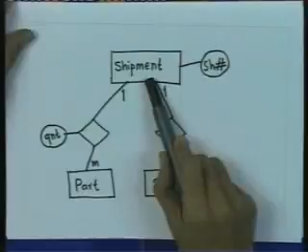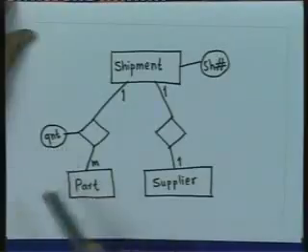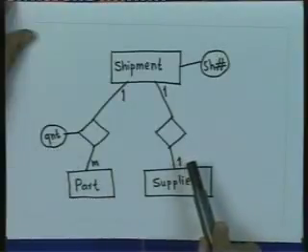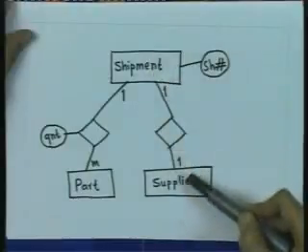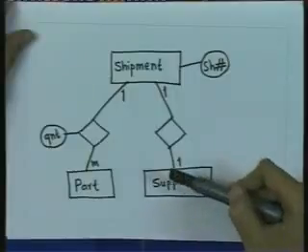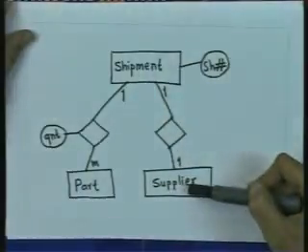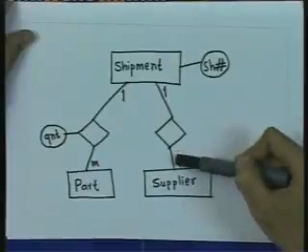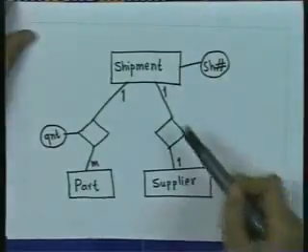Obviously, a shipment can consist of multiple parts, and each part can have a quantity associated. Similarly, a shipment comes from a supplier, but we are assuming that it always comes from a single supplier. So, if I go from shipment to supplier, the cardinality should tell me 1, but what if I go from supplier to shipment? Is 1 correct here?